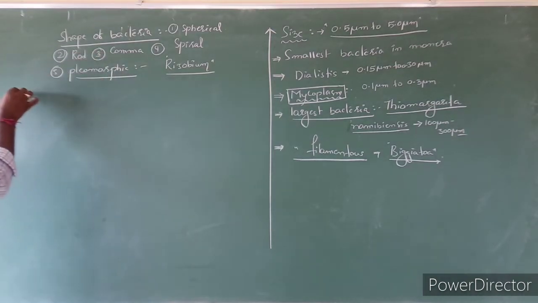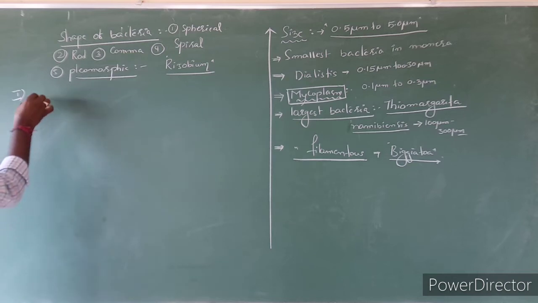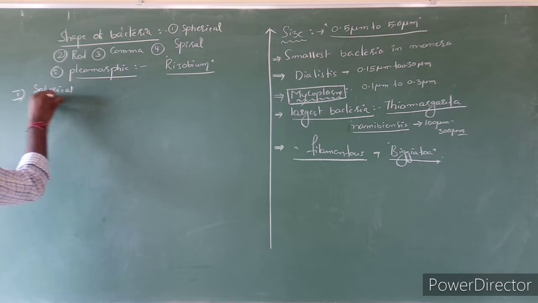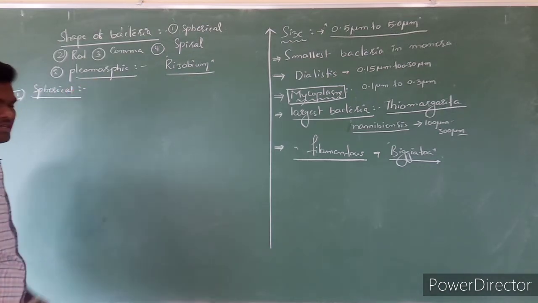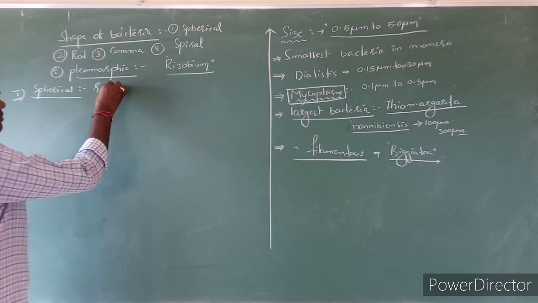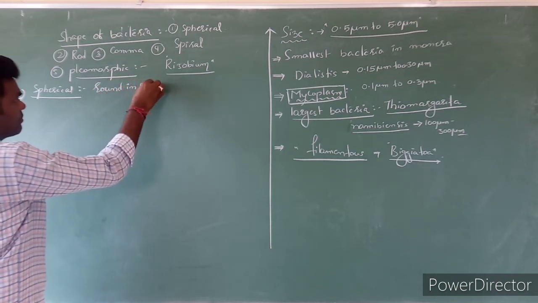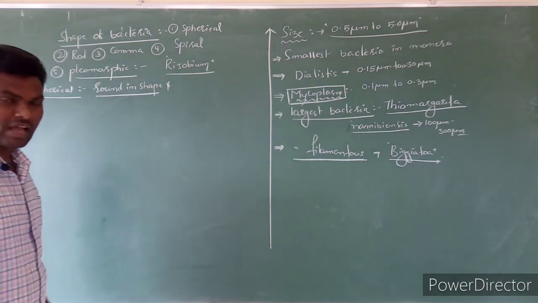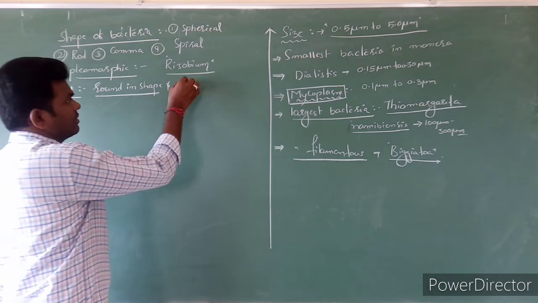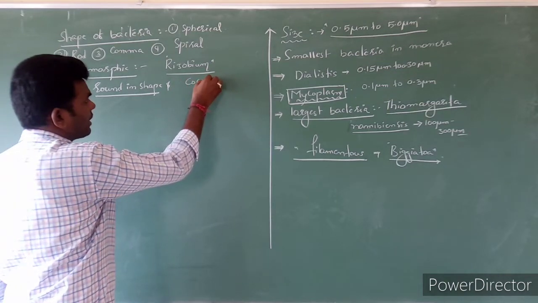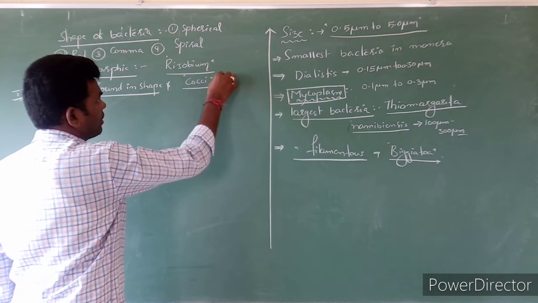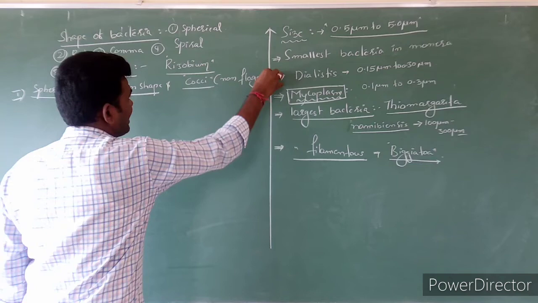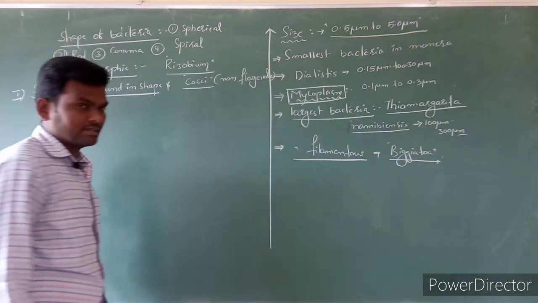Next. First one is spherical bacteria. Normally it is round in shape. And it does not contain any flagella. Flagella is absent. So that's why it is also called cocci bacteria. It is non-flagellate.